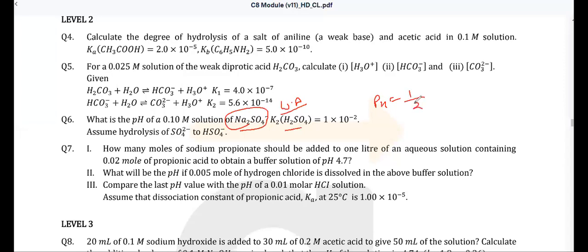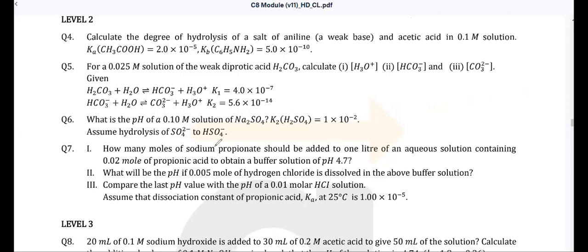Write down the formula: half pKw plus pKa plus log A. This is the formula. Putting the formula, are we getting it? Yes or no? Tell me everyone.